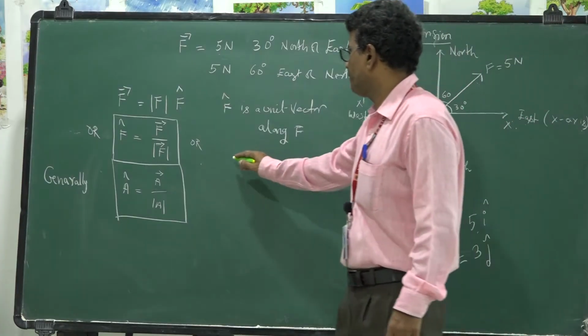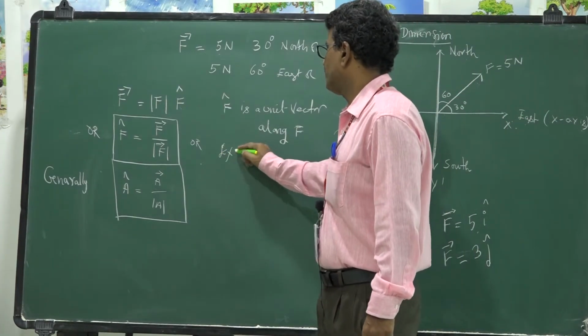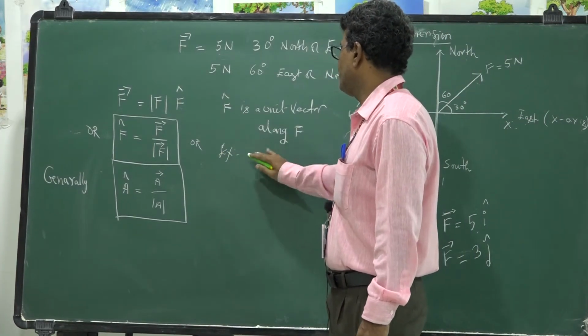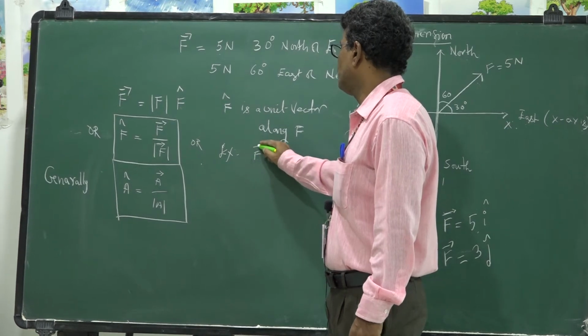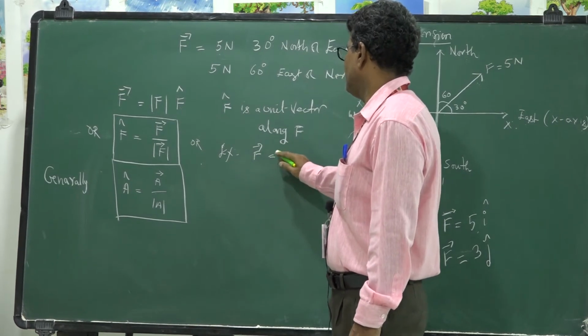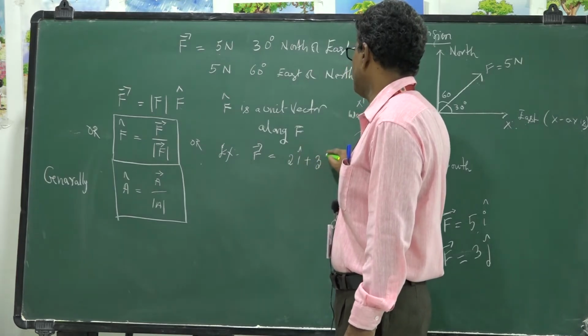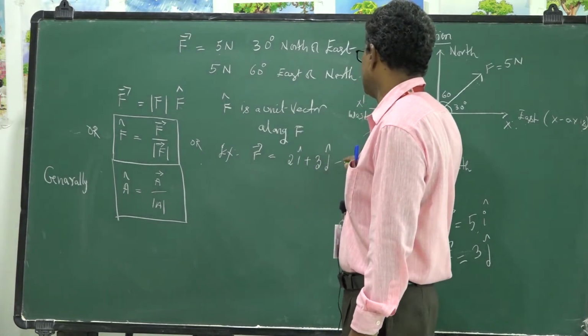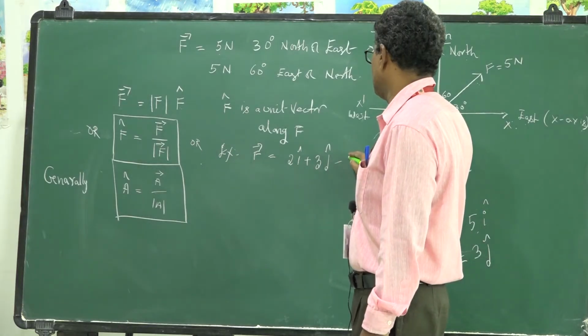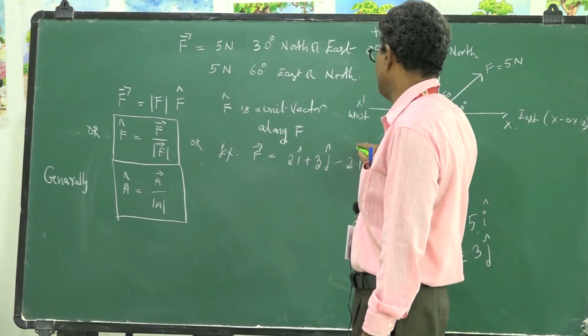Example. Let the force acting on a body be F bar is equal to 2 i cap plus 3 j cap minus 2 k cap.